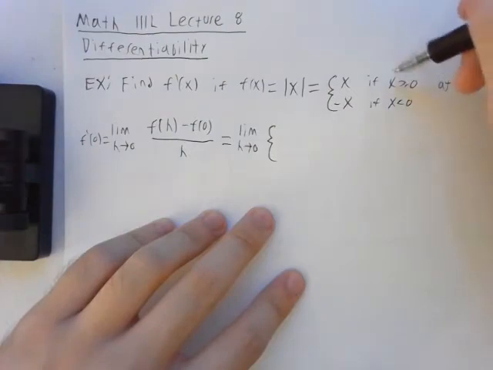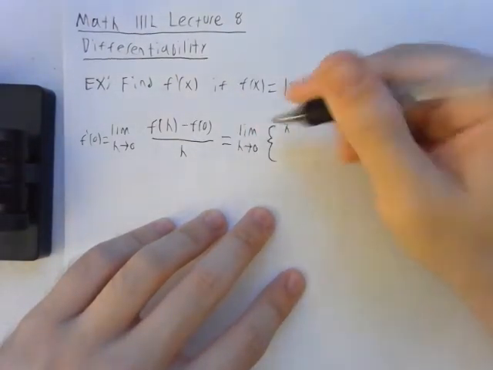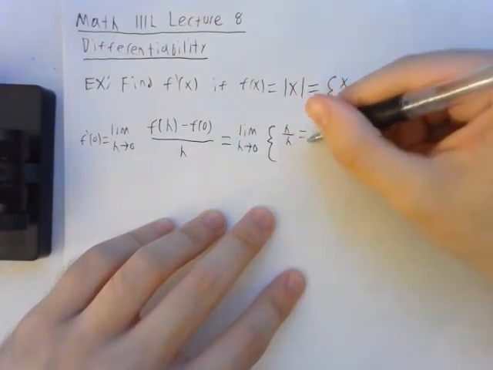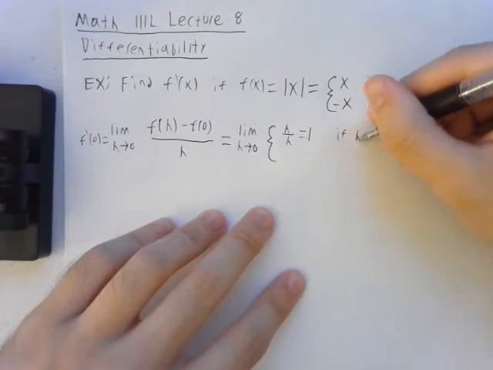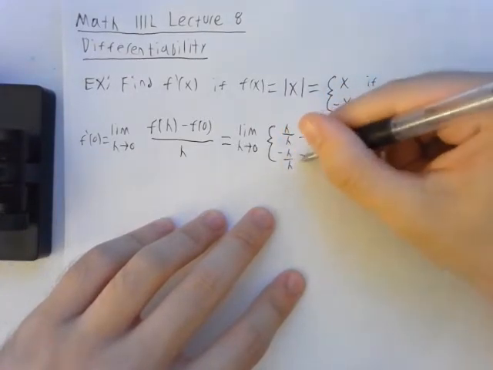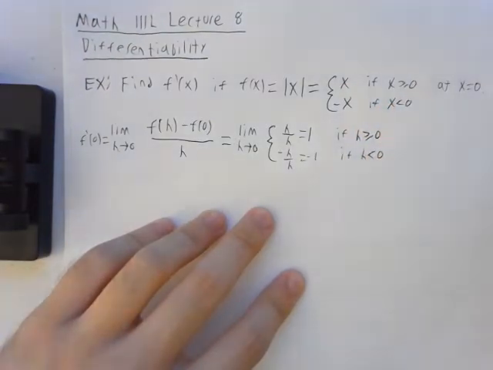So if h is positive, then we'll have h, f of 0 is 0, so that goes away. So h divided by h, which is equal to 1, if h is greater than or equal to 0, but it's negative h divided by h, which is -1, if h is less than 0.